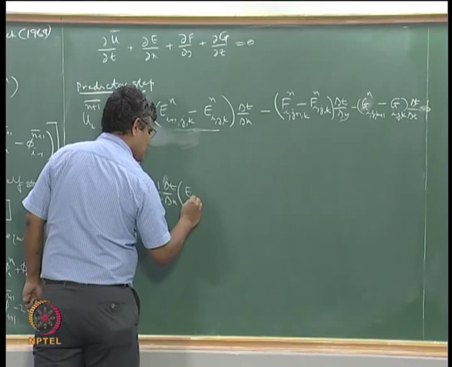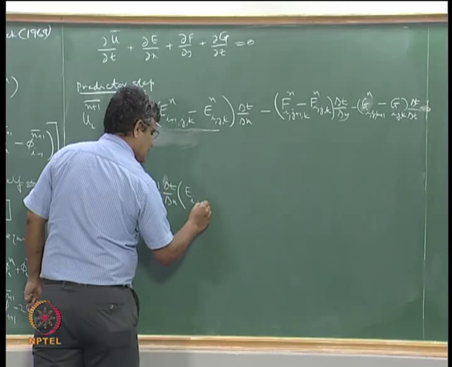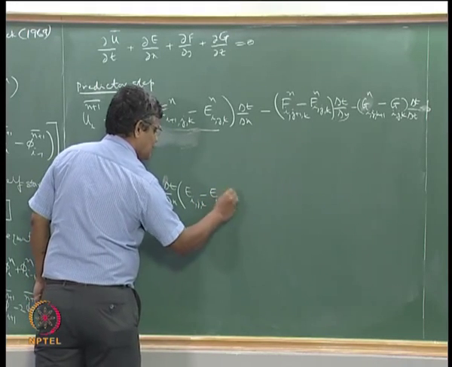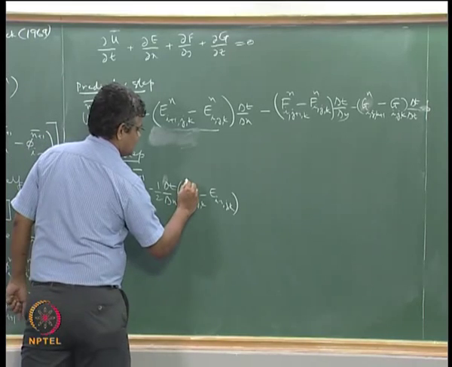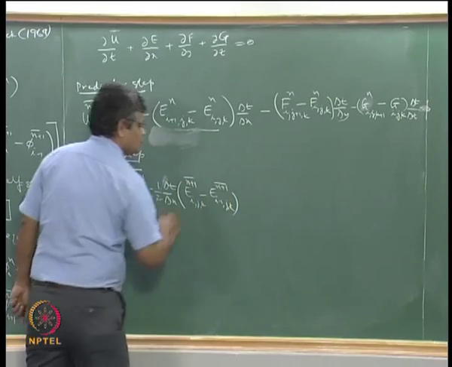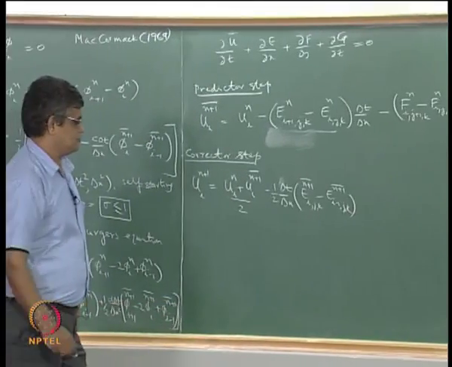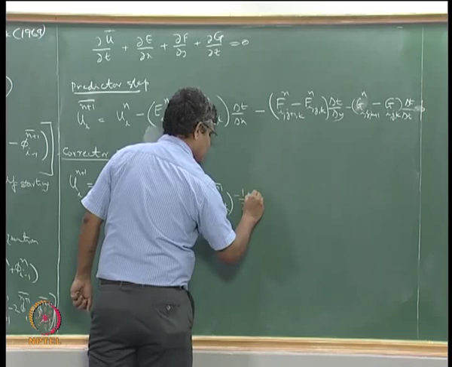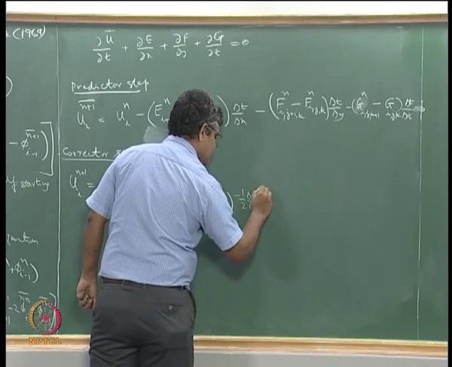So that is E i j k minus E i minus 1 j k, and this is evaluated making use of the current known values, minus half delta t by delta y.